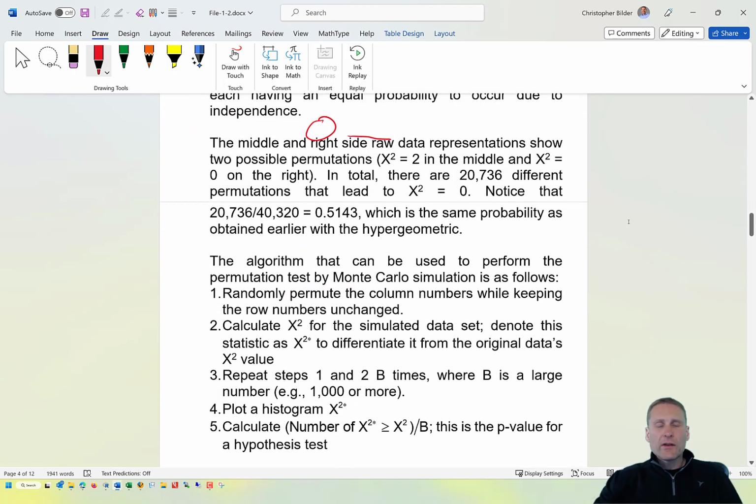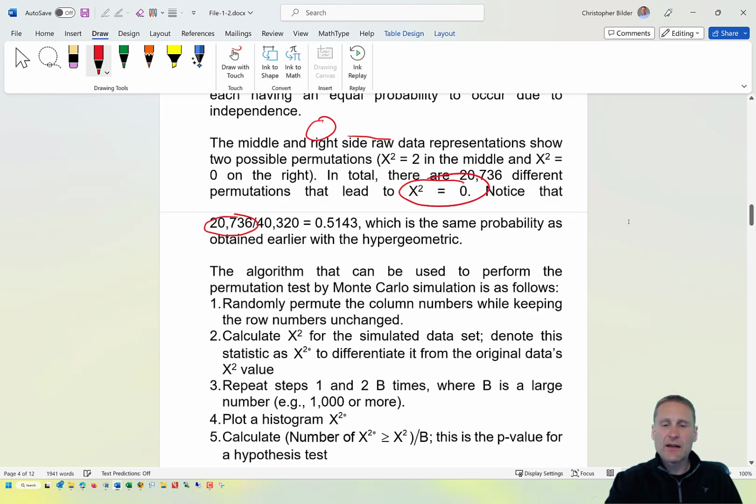If we wanted to, we could do this 40,320 times. And if you did, you would notice that 20,736 of them lead to an x squared of 0. Now, did I actually do 40,320?